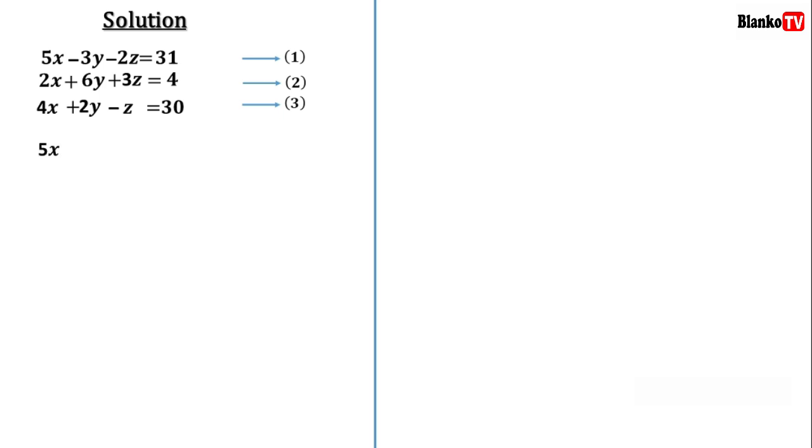So we have 5x minus 3y minus 2z equals 31, which is equation 1, and then 2x plus 6y plus 3z, which is equal to 4 as equation 2.